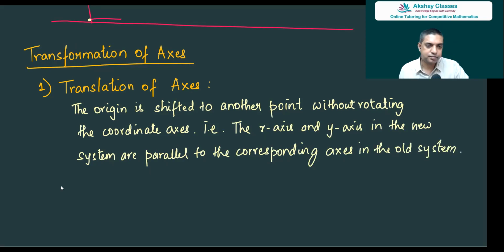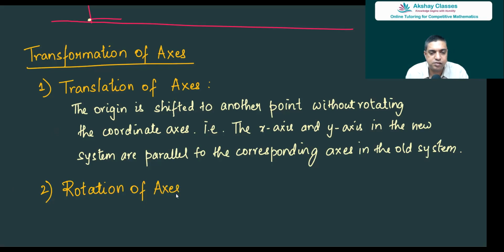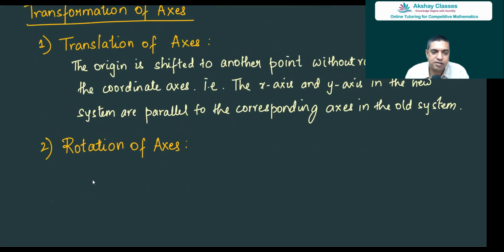So this is called translation. Second is rotation of axis. Now in this, the origin is not shifted.